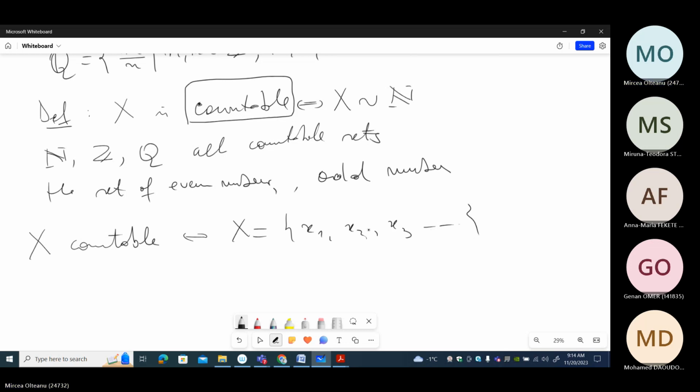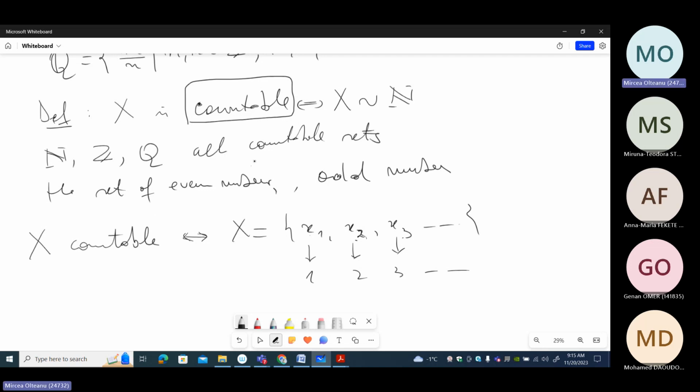If you can write the elements of a set as a sequence, this is a one-to-one correspondence with the set 1, 2, 3, and so on, which is a countable set. So again, a set is countable if and only if we can write all its elements as a sequence: you are the first element, you are the second, you are the third, and so on. And in this sequence, nobody is missing.